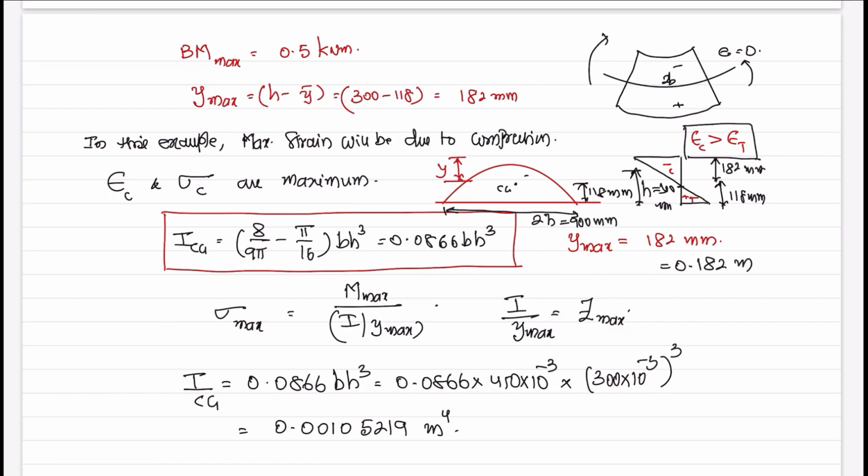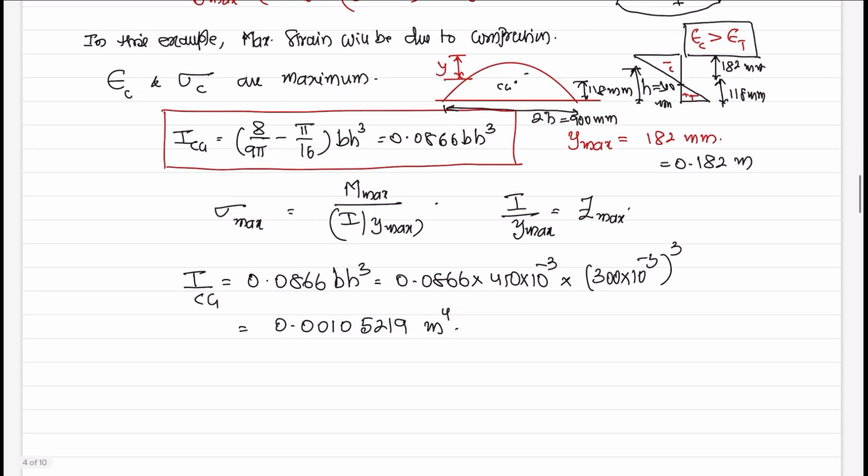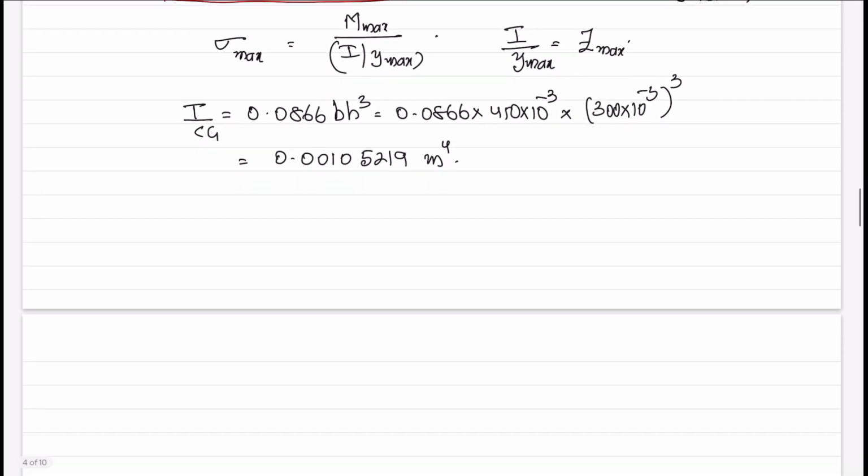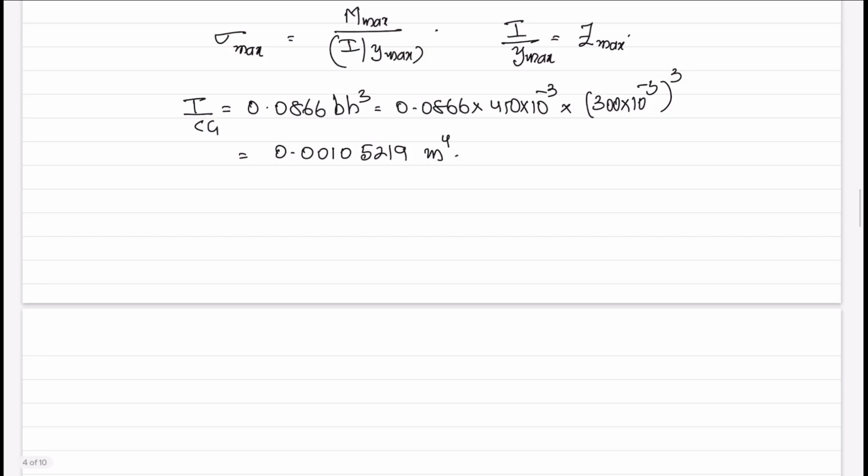Therefore, Z max is equal to ICG by Y max, that is 0.00105219 divided by Y max, which is 0.182.